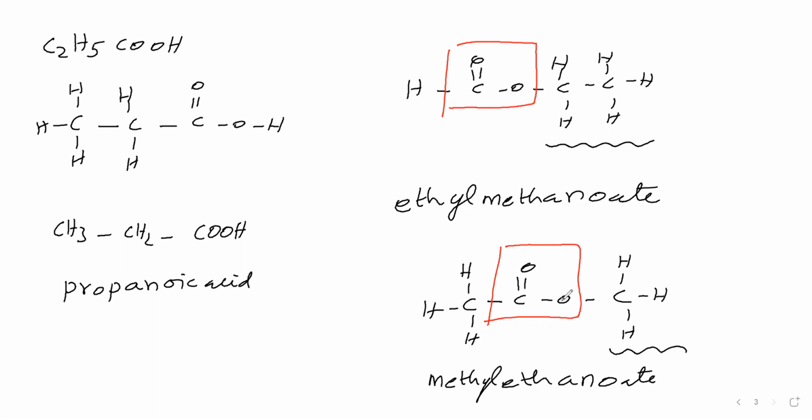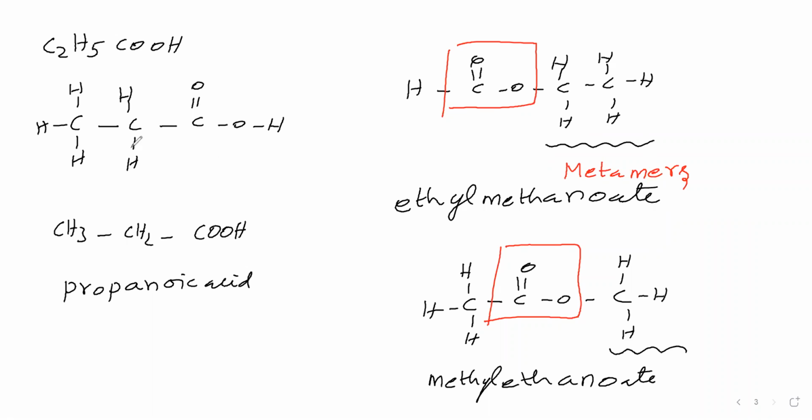On the right side of this functional group, methyl. So the right side of this functional group is different. Similarly, the left side is different. Therefore, these two are called which isomers? Metamers. These two are metamers, and this isomerism is called metamerism.